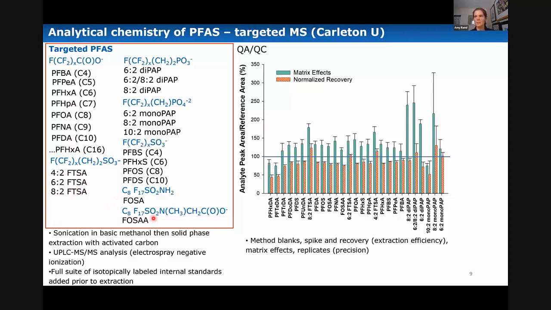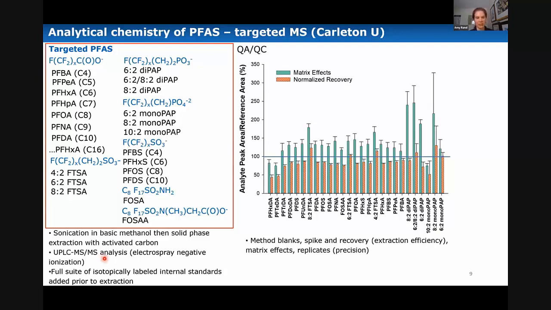The extraction really followed typical extraction procedures that have been published by many different groups. This is where we took about 100 milligrams of the product, sonicated in basic methanol, and then cleaned up the matrix using activated carbon. We then analyzed every sample using electrospray negative ionization tandem mass spectrometry.